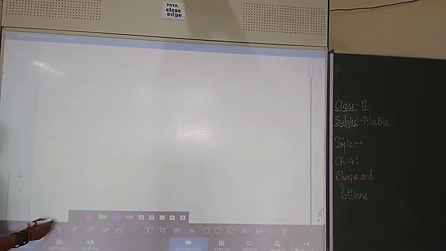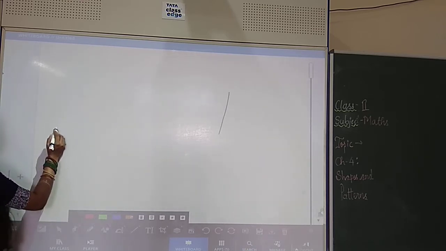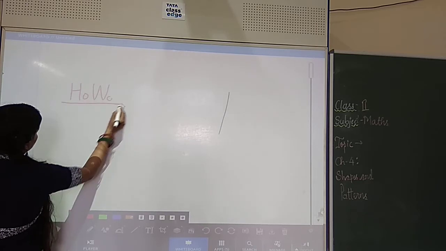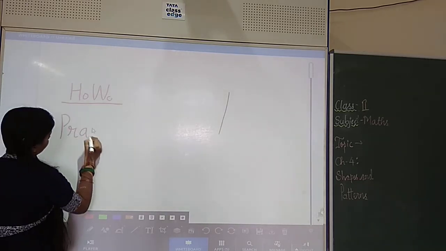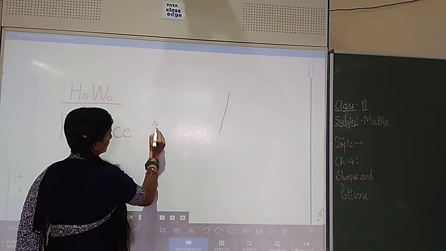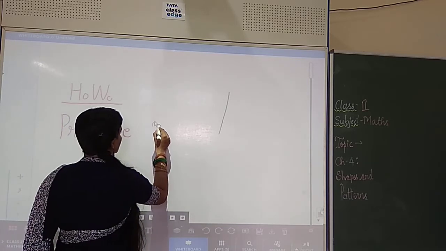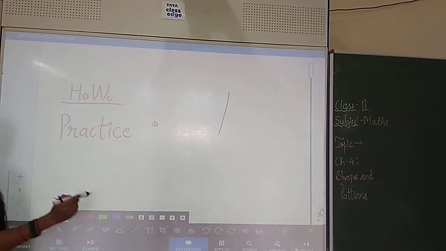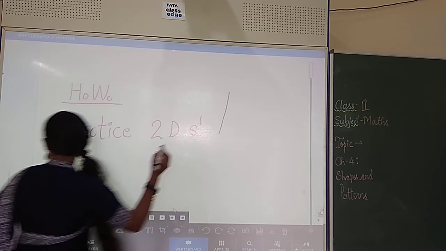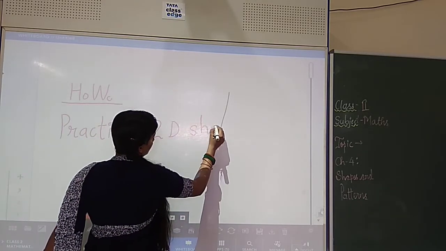So, write down your homework. Your homework for today: practice the shapes.